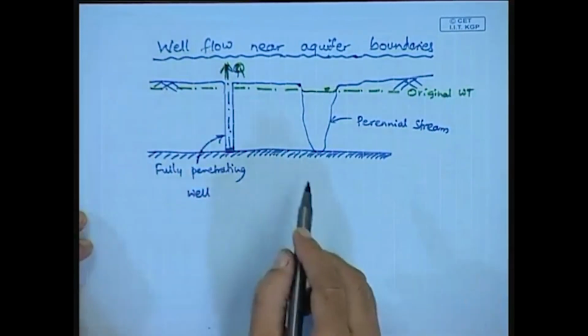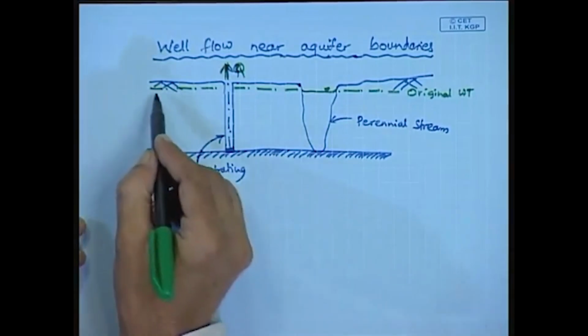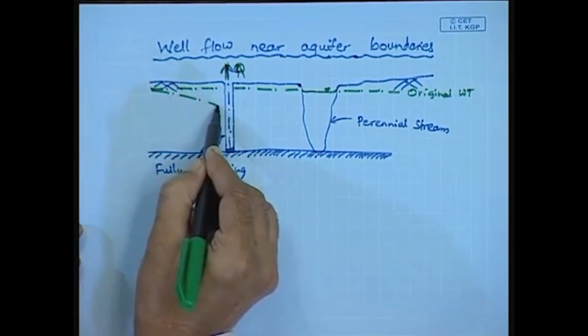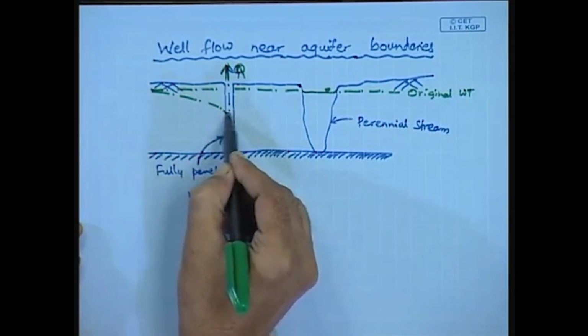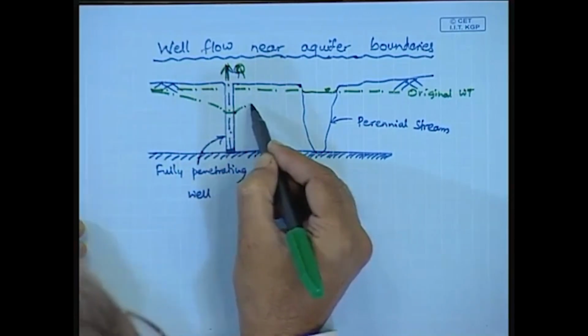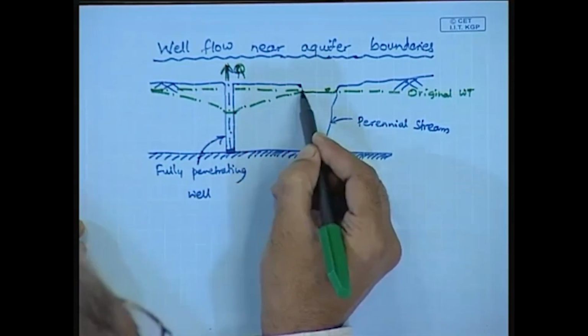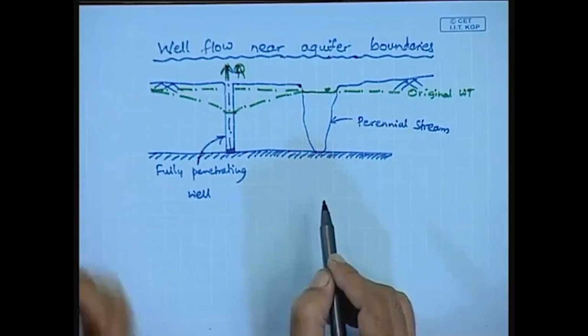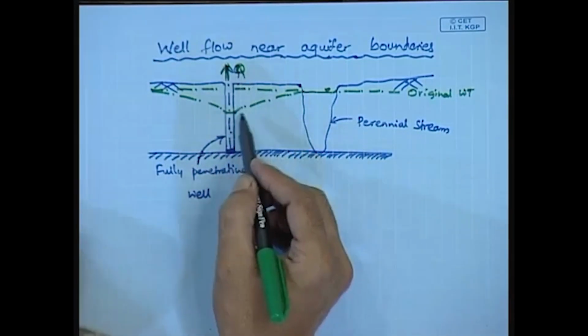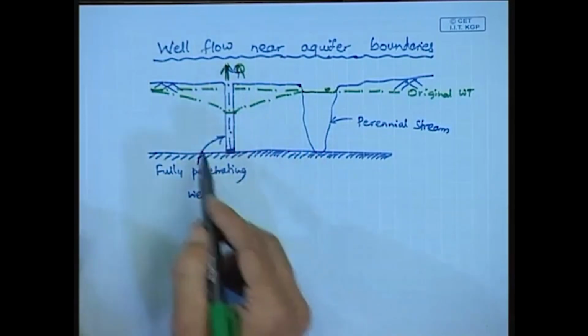Once the pumping starts, there will be a cone of depression, and this is the shape of the cone of depression.